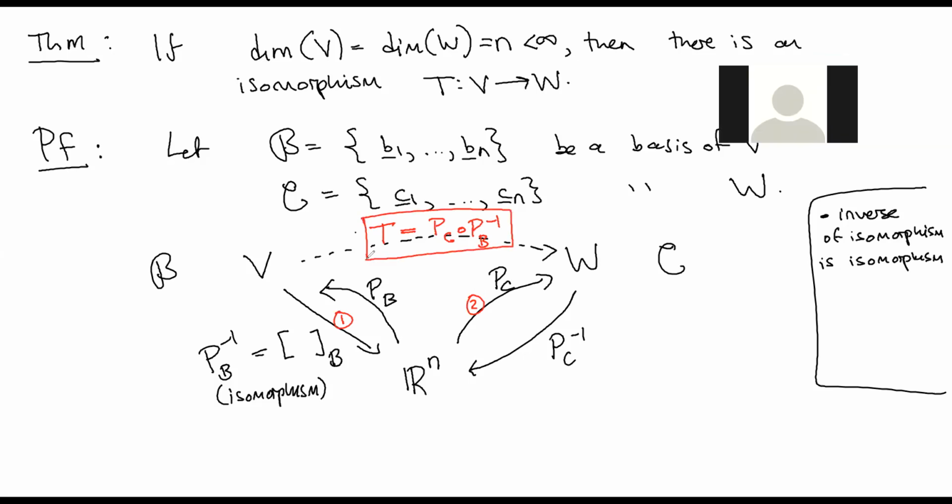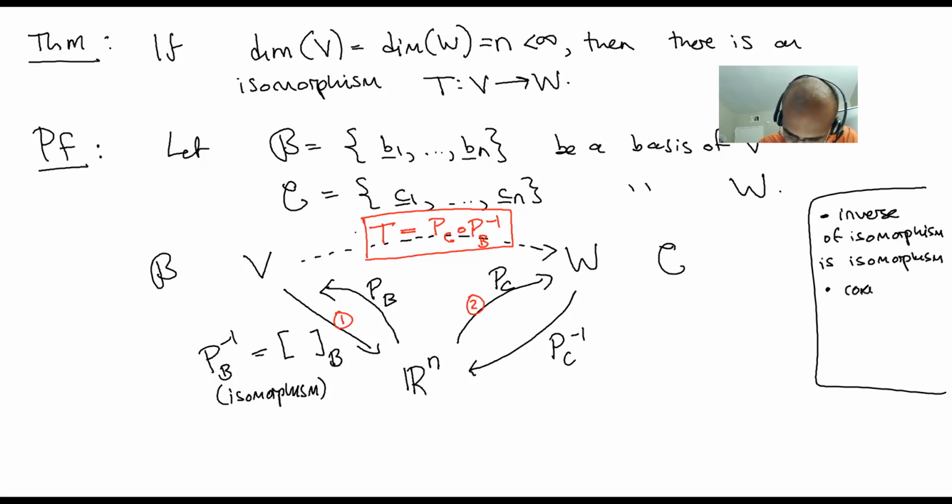And now the point is, this is another fact that you've kind of seen already with matrices. If you multiply two invertible matrices, you get an invertible matrix, right? Well, the same thing is true of isomorphisms. If you take two transformations that are one-to-one and onto and compose them, you get another isomorphism.